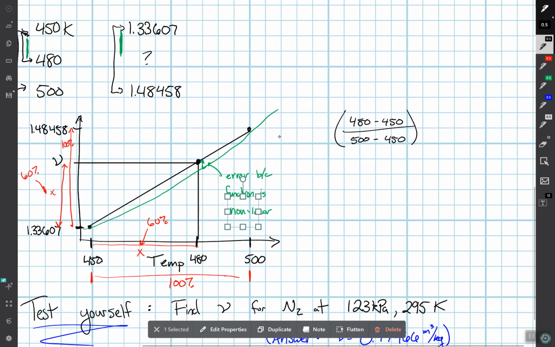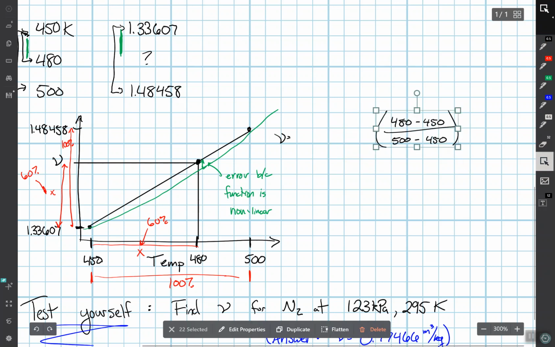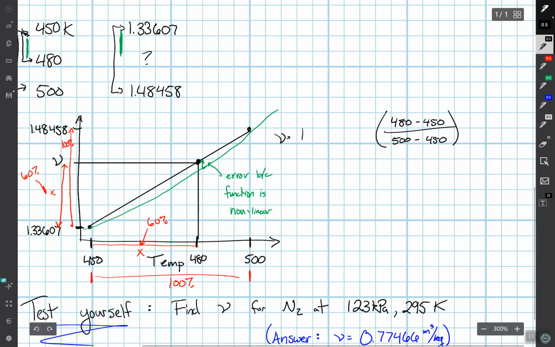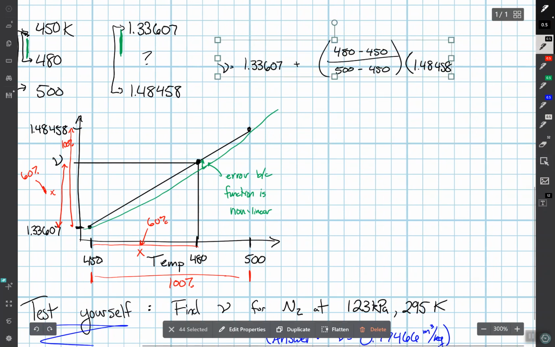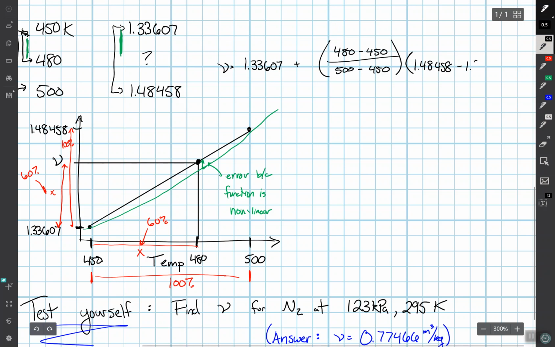So nu is going to be equal to 1.33607 plus, again, this is 60%, times the full 100%, so that's 1.48458 minus 1.33607.